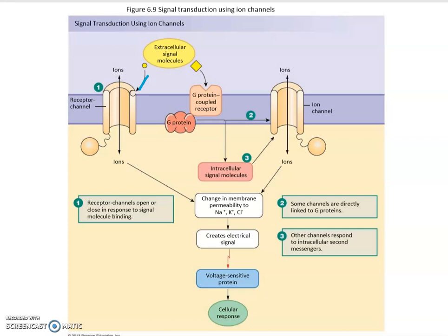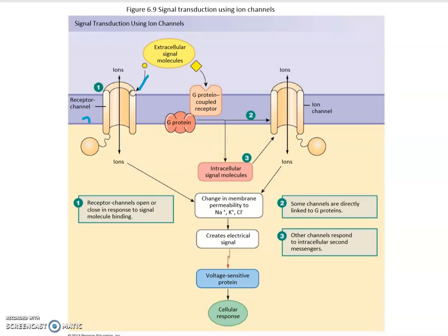It could either let more or fewer ions through, and that will alter the membrane potential of this membrane, and then you're going to have changes in the cell that are mediated through that. So the changes in the membrane permeability, this is what happens right here. The change in membrane permeability when you open ion channels will then lead to cellular responses ultimately.